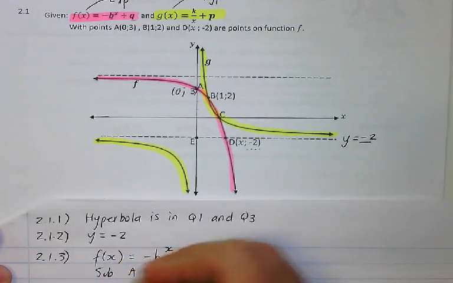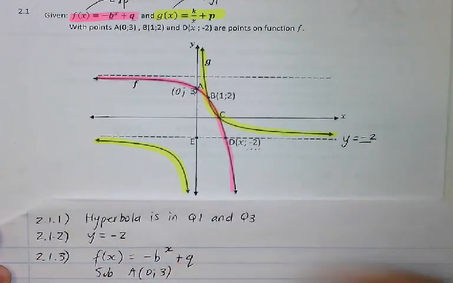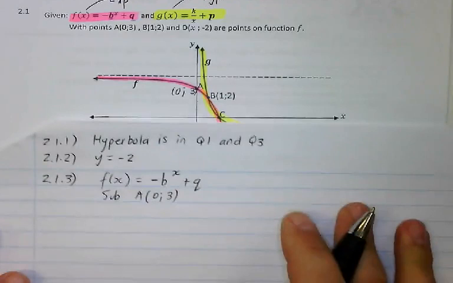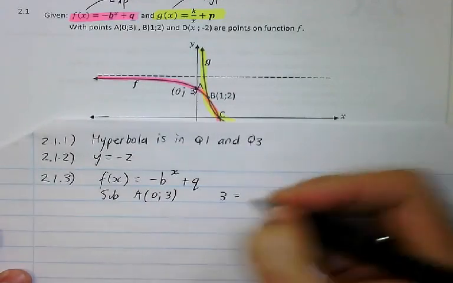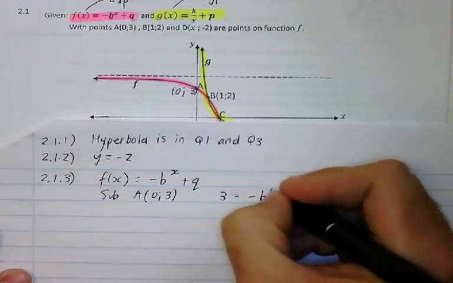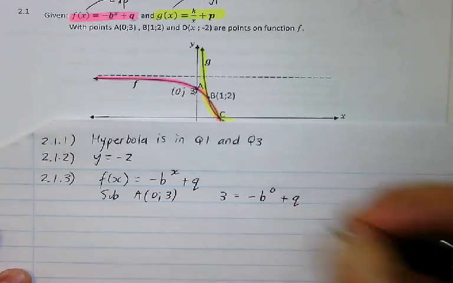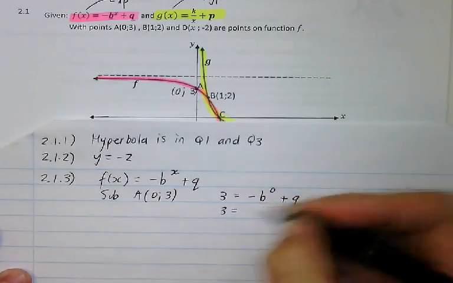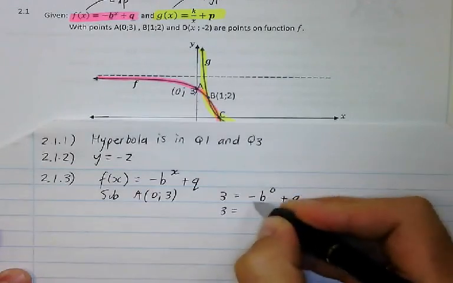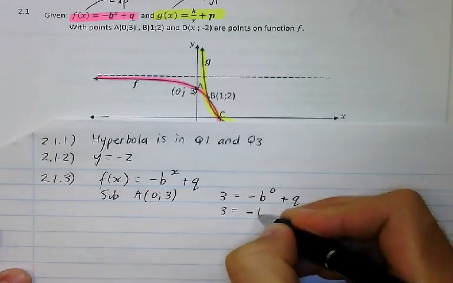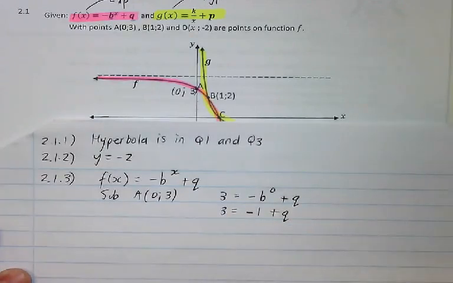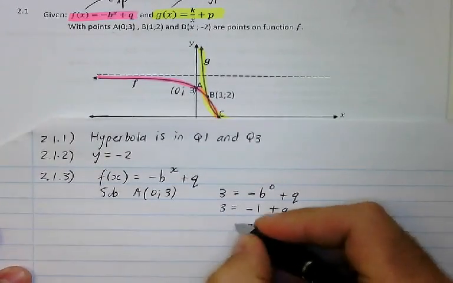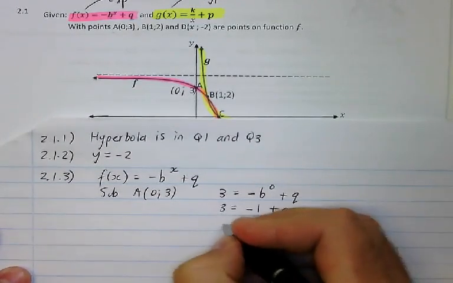So we'll have 3 is equal to negative b to the power 0 plus q. Anything to the power 0 would be 1, so negative 1 plus q. Ultimately, q would be equal to, if you add the 1 over, 4. Great, so we've got what they wanted, that q is 4.